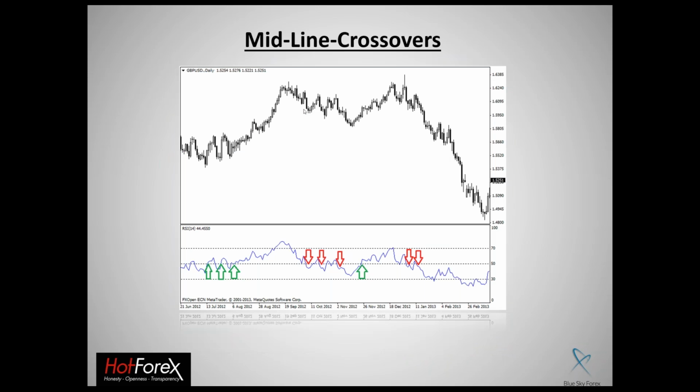Right, so midline crossovers. This can be a bit of a controversial topic. There can be a lot of debate for it. I personally don't find this the most effective way to use the RSI, because if the price is really consolidating into a narrow range, then you can see the RSI crossing the midline quite frequently.